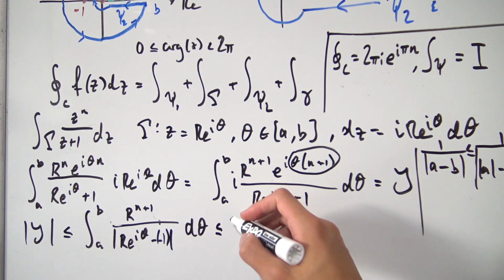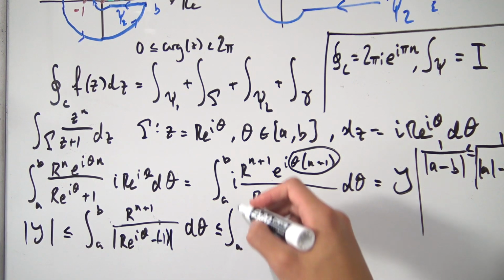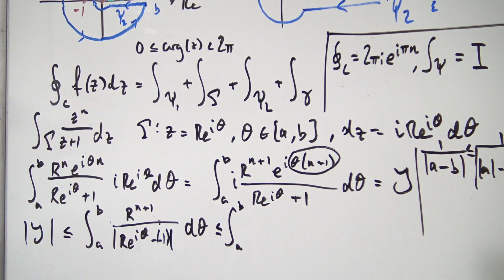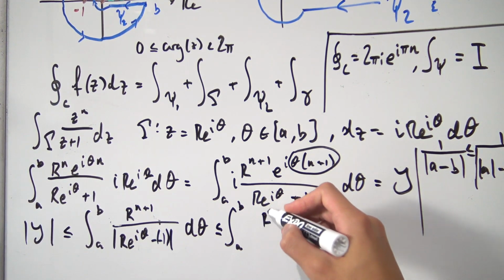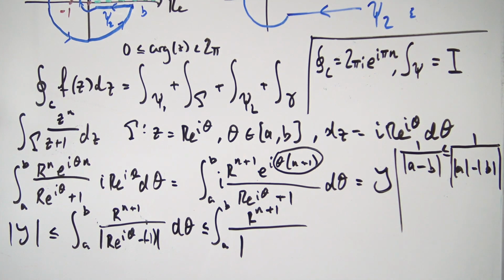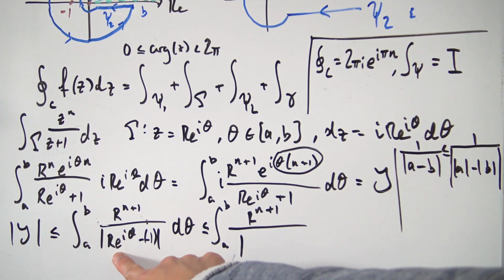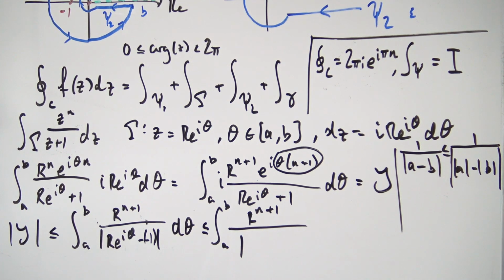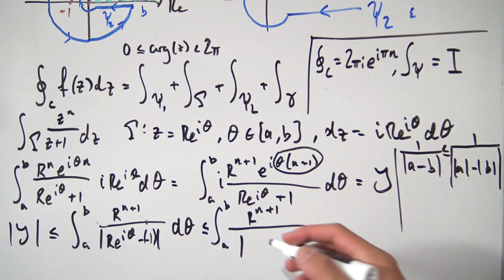So this is less than or equal to the integral from a to b of, let's say we have r to the n plus 1 still, and then divided by the absolute value of the absolute value of a. And what is our a? Our a is r times e to the i theta, and the absolute value of r e to the i theta, well, notice that this thing right here is just some complex number on a circle of radius r, and the distance that is away from the origin at any point is just r itself.